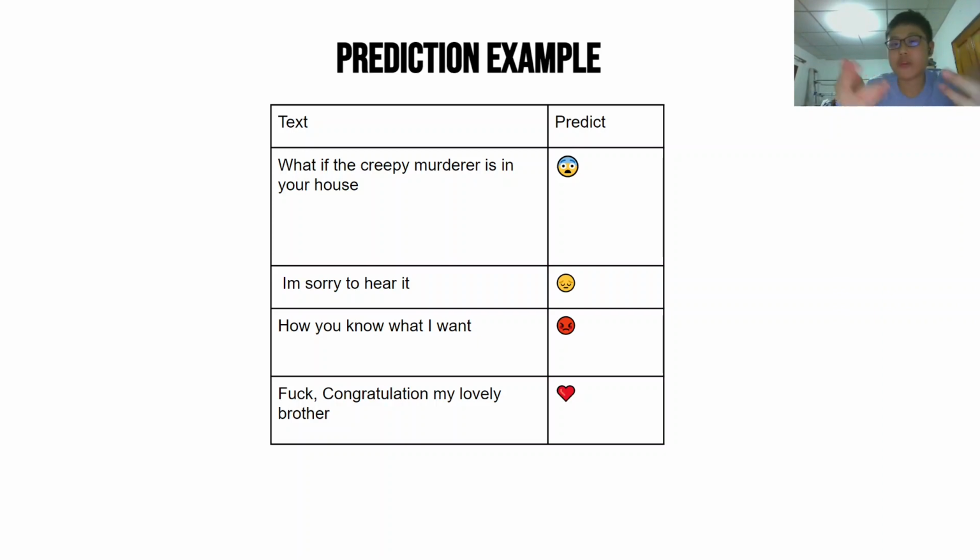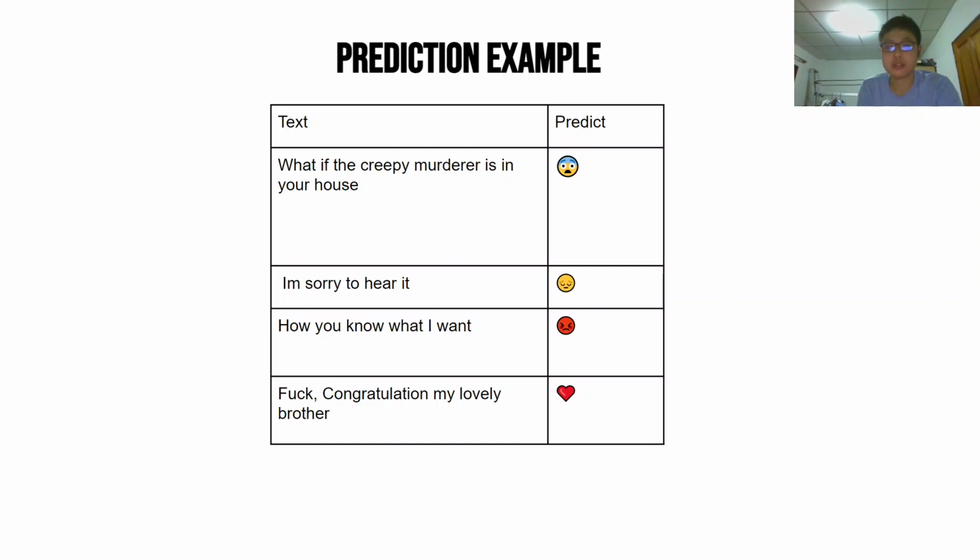The attention weight for creepy and murderer should be highest if our model is very good, and our model really does well at this. Another example: I'm sorry to hear that. In this case, I think the BERT model will really focus on the word sorry the most, so that's why it predicts sad.